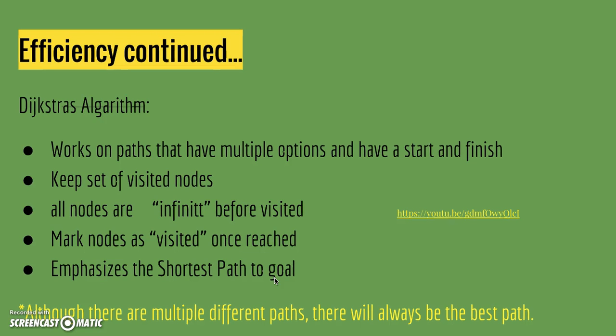A great example of efficiency is Dijkstra's algorithm. Basically, this algorithm was developed to find the shortest possible path through a weighted graph, with a starting node and an end goal. I think you guys should check this out.